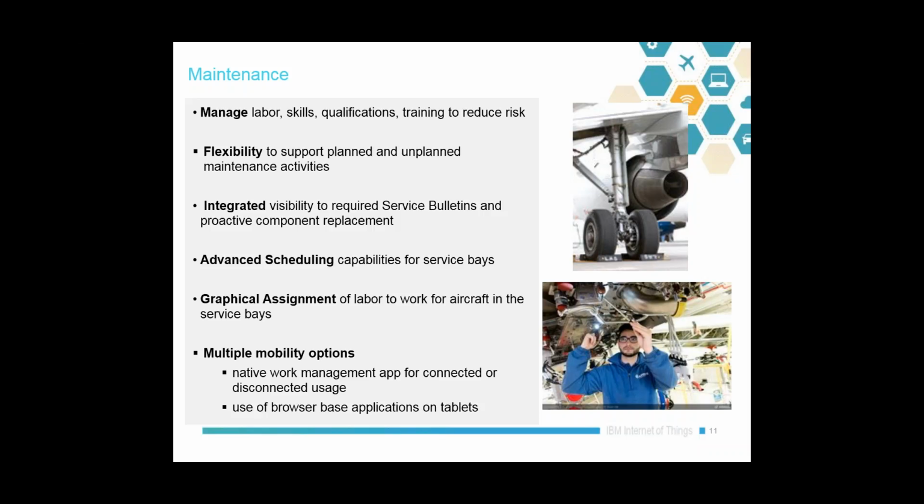Dealing with things like service bulletins and proactive work. Service bulletins are things that come in from the various manufacturers of the components within the plane, and being able to effectively deal with those, and to go quickly from a service bulletin into a specific work order or task card, in this case, that needs to be done within the plane, is an area that we spent a fair amount of effort on.